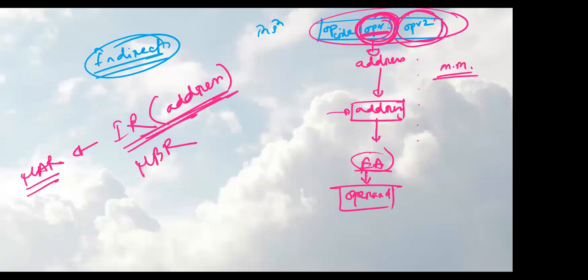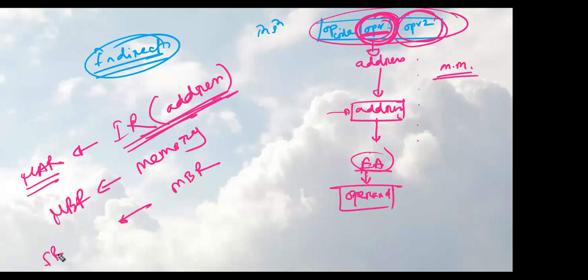But before that, I need to update the MBR from where? From memory. Now this MBR content will be updated inside this location. That means this location will be updated by this content. For example, it is holding A, it is holding B, it is holding C, it is your operand.